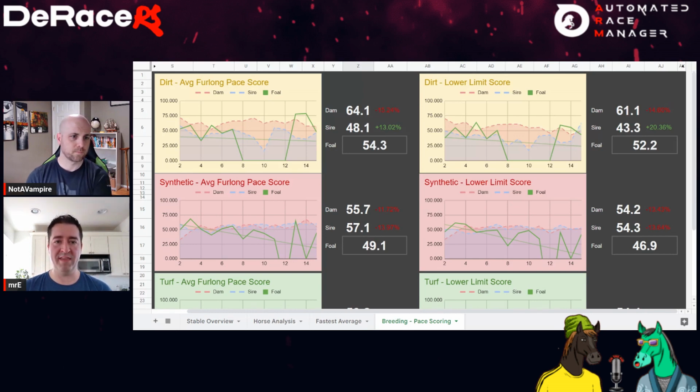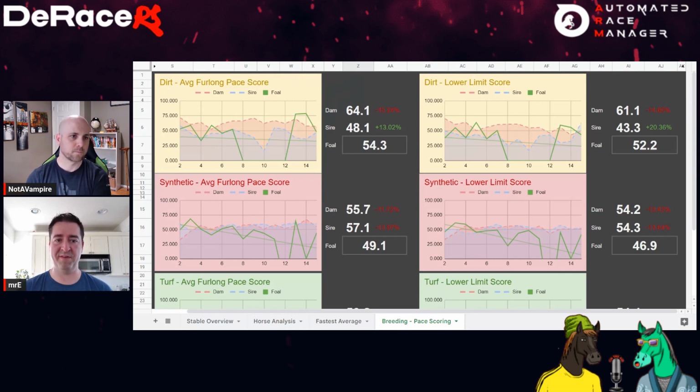Now, the way this particular set of charts works is that we are taking each of your distances. So let's say a dirt 2, a 3, a 4, and we are going to take your average furlong pace and plot that against the community's average. So the global set of horses that are out there running have a particular pace, and that is set to 50% here.